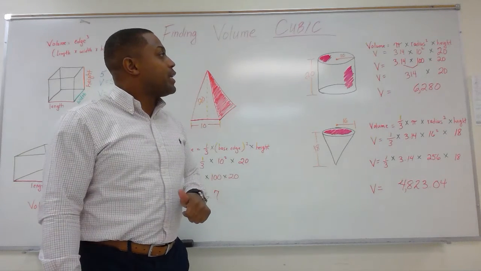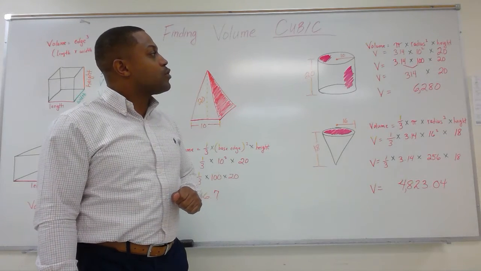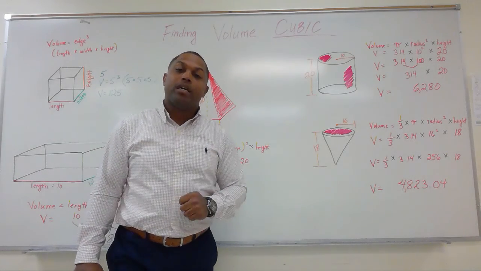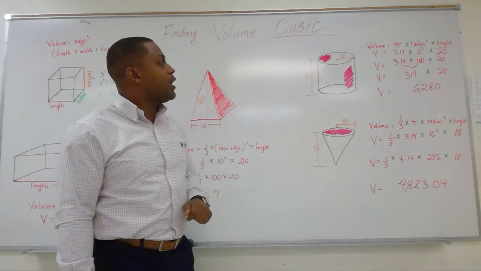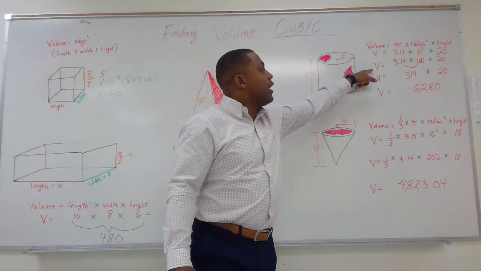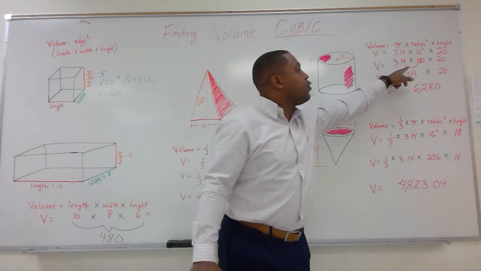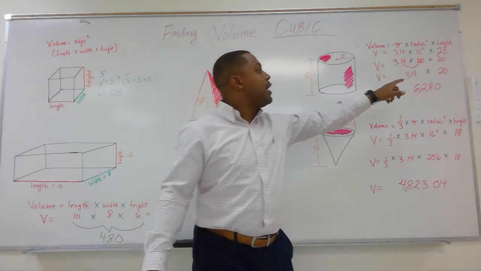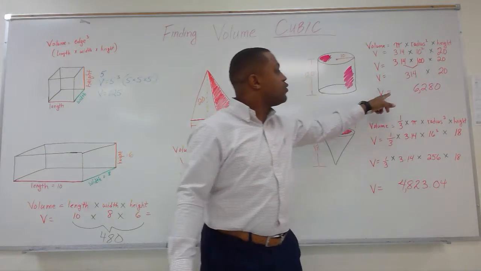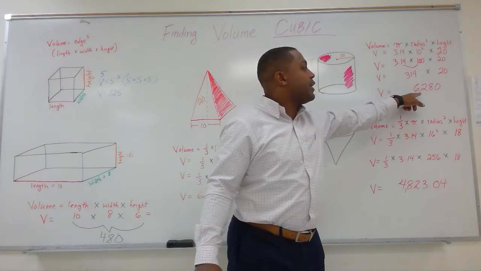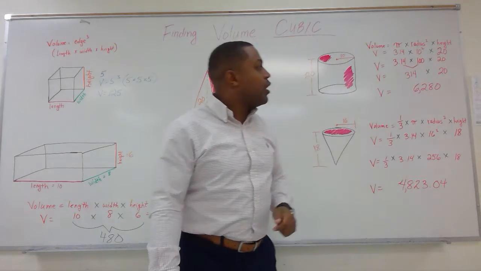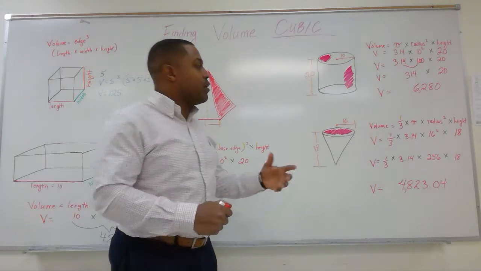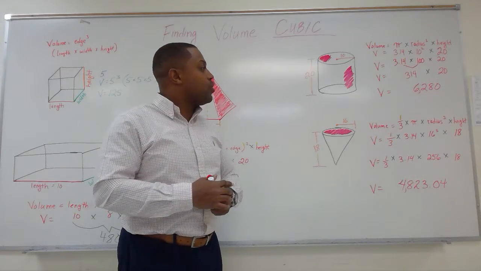So what we have is volume equals 3.14 times 10 to the second power times 20. Then 3.14 times 10 gives us 314, and then times 20, those two together, volume is 6,280. Whatever the unit would be, that would be cubic units.